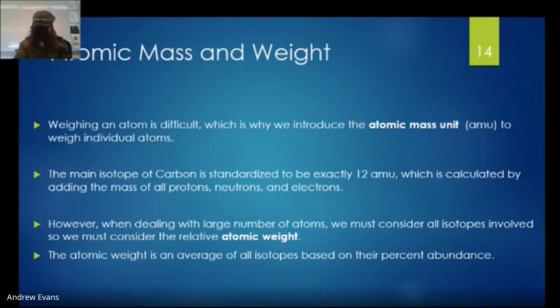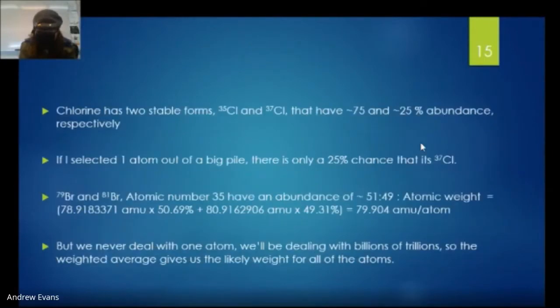So we're going to have to treat this with a little bit of math. While this is semi-tricky math, we're not going to do this very often. I said chlorine has 35 and 37. The 35 chlorine has a 75% abundance. The 37 chlorine has a 25% abundance.